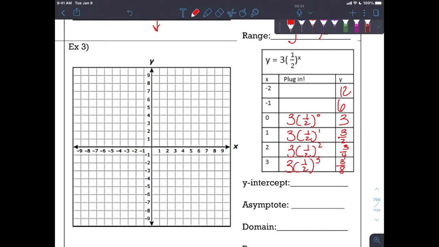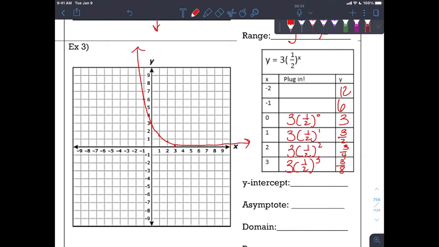So let's go ahead and graph these. So at 3, I have a really small number, at 2, there somewhere, at 1, at 0, at -1, and at -2 is going to be way out there. So my graph is going to look something like this.